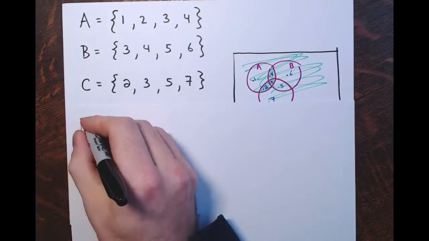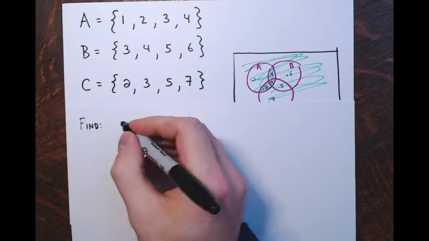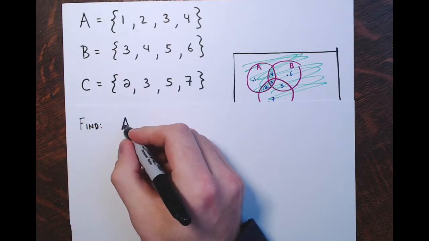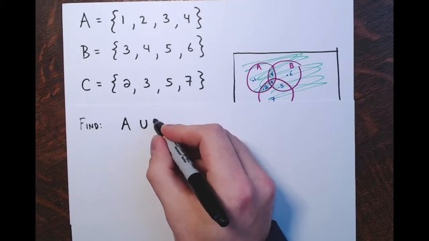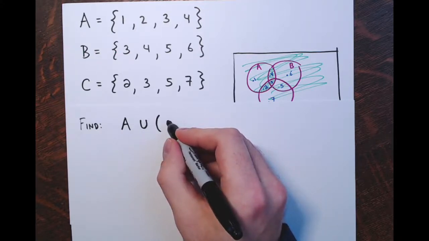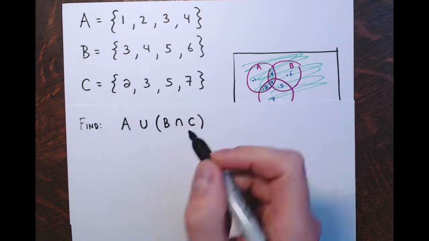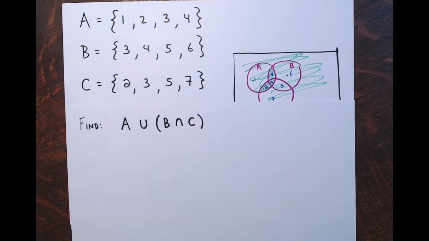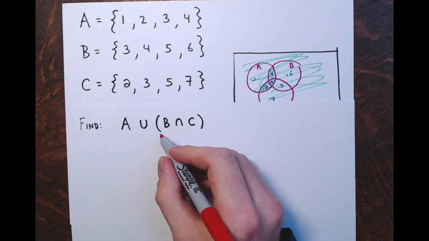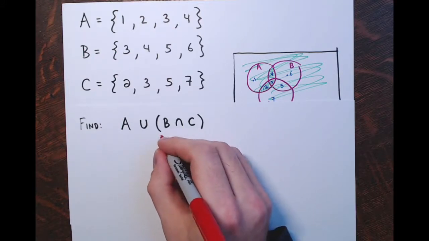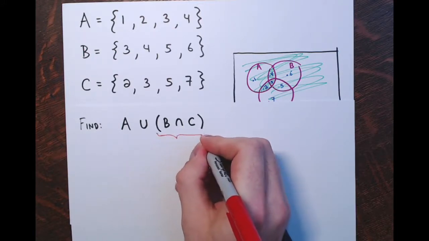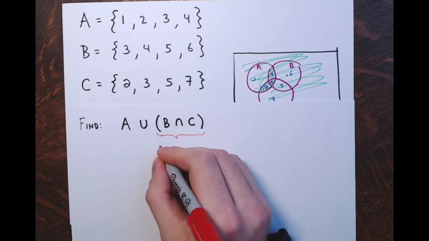Same 3 sets, but now I'm asked to find A union, and then in parentheses B intersect C. All right, so same deal. I start with things in parentheses. So we're going to find B intersect C first.